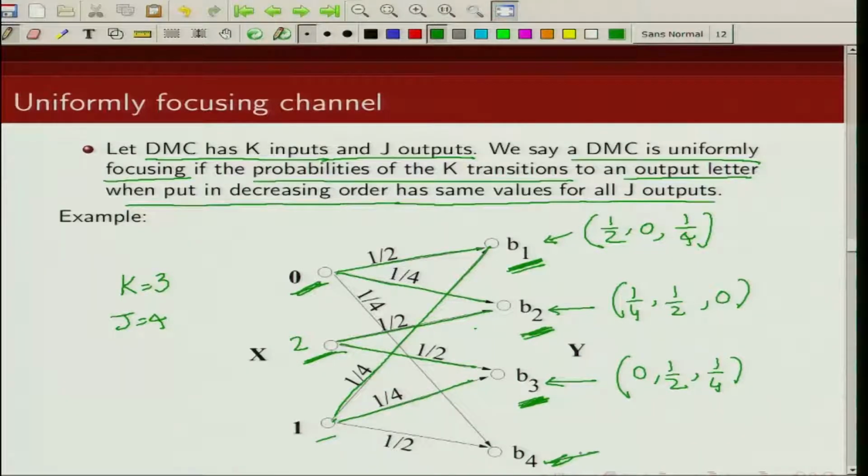For this output, the transition probability from 0 is 1 by 4, from this input it is 0, and from this input it is half. If I arrange all of them in descending order, whether I consider this output, this output, this output or this output, I'll get this.